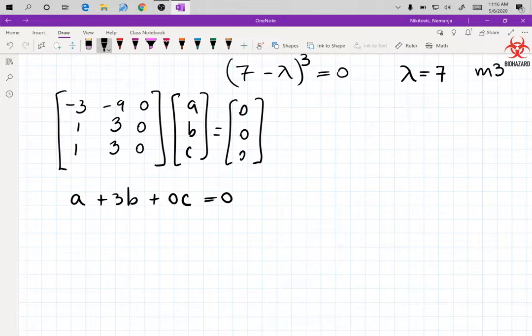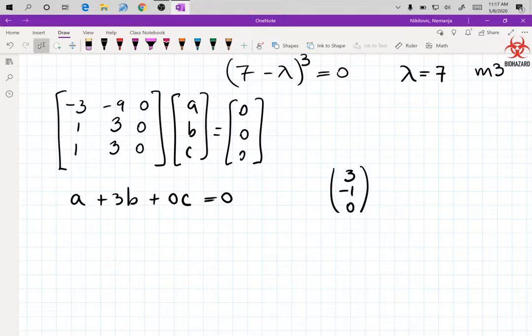So your job is to pick a, b, c so they add to 0. So if you pick a to be 3, you pick b to be negative 1, and you can pick c to be literally anything, right? Because it's going to be multiplied by 0. You can put 0, you can put 1, it doesn't matter. You pick anything there. You are going to get your vector for this, and that's it, right?